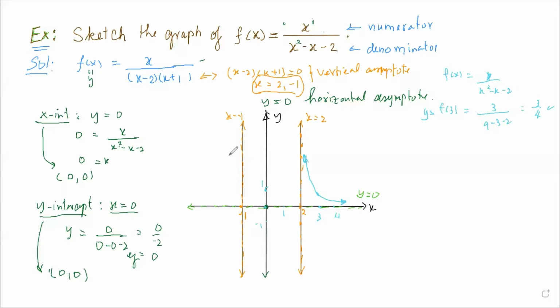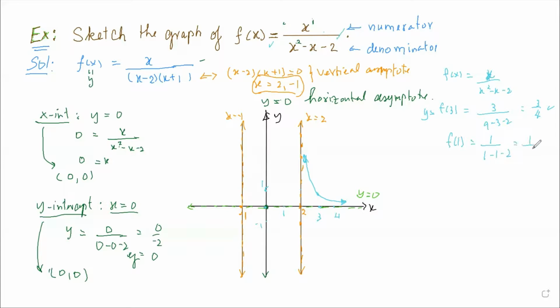Okay, this is the one. Now we can try from this side, right? We try 1, replacing in this original function, the same way. So x equals 1. You replace in the function and it becomes 1 over 1 squared, and 1 squared is still 1, minus 1, minus 2.